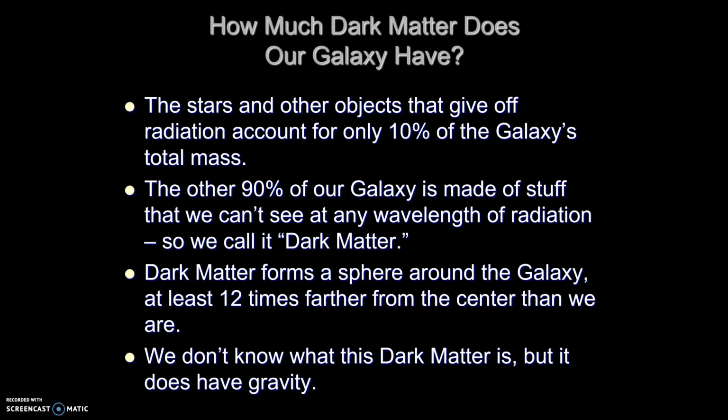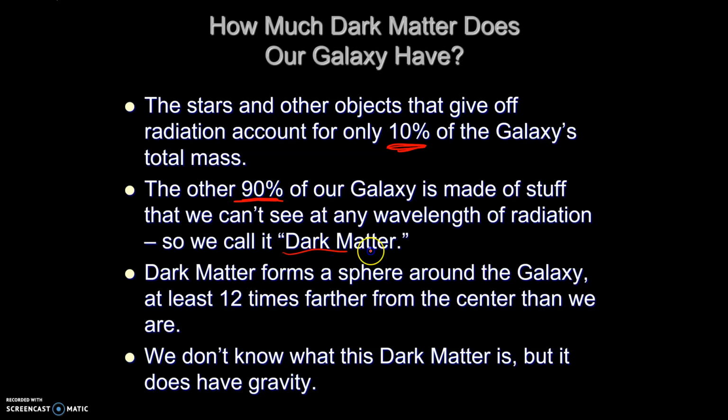Okay, so how much dark matter does our galaxy have? Our stars and other objects that give off radiation only account for 10% of the galaxy's total mass. So there's another 90% of our galaxy that we can't even see. Whenever we think of things that we can't see, like black holes and black dwarfs, it's something dark, so to speak.